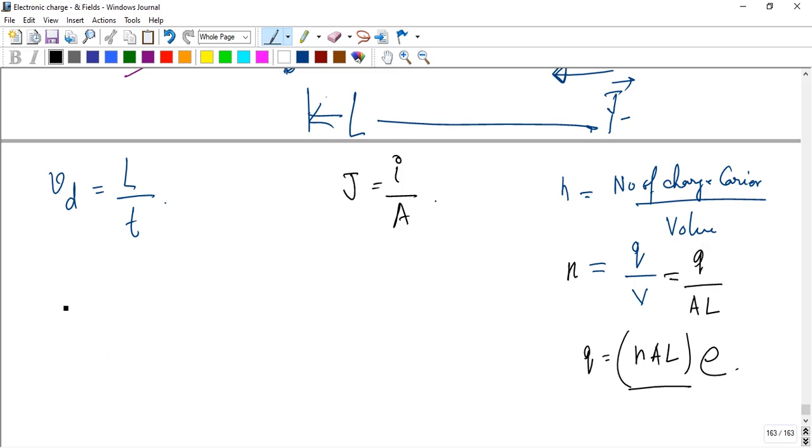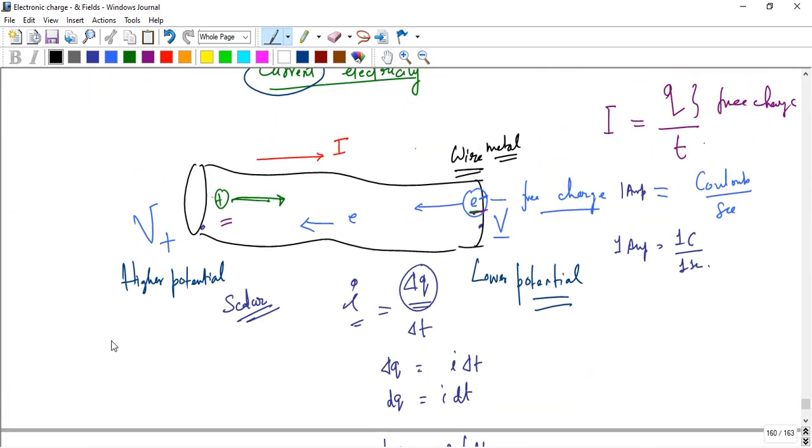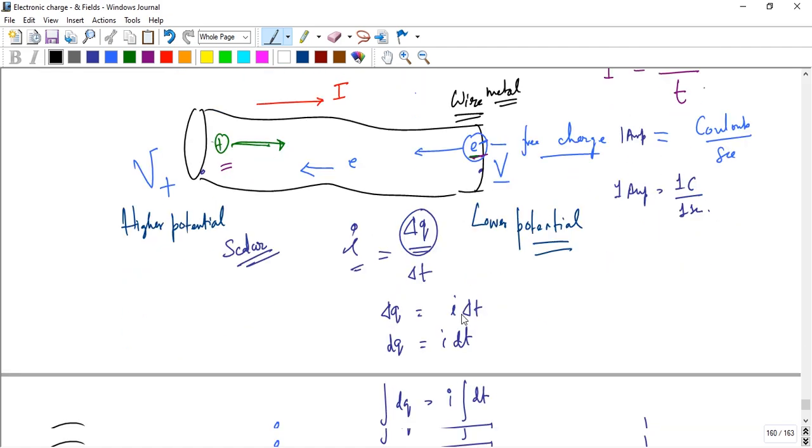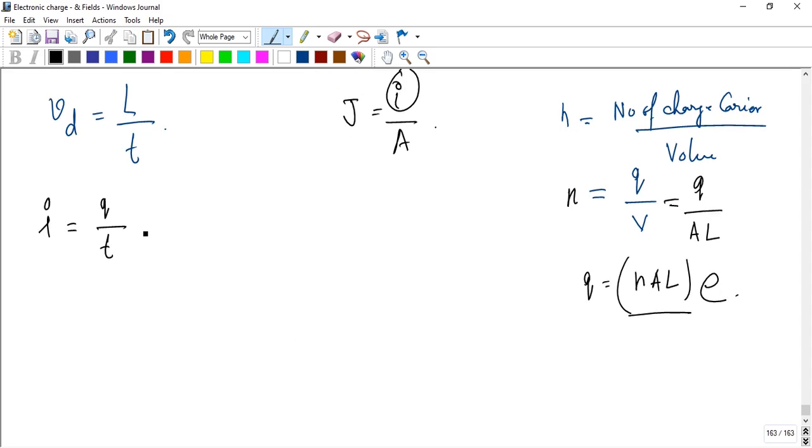Now we know current equals charge by time, I equals Q by T. With Q equal to N A L E, where A is the cross section area and L is the length of the conductor, I equals NALE by T, and L by T is the drift speed Vd.